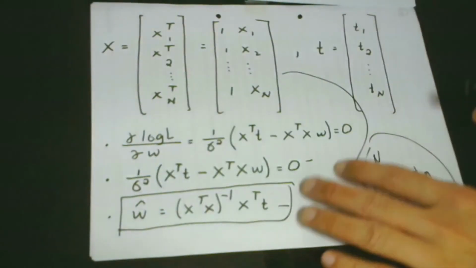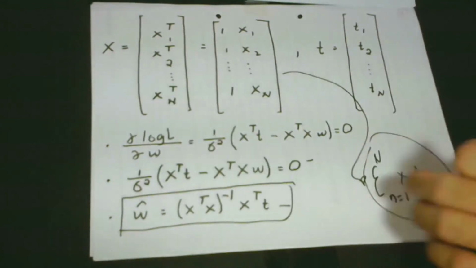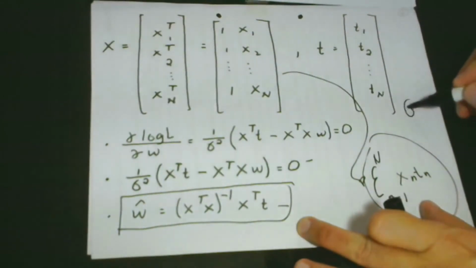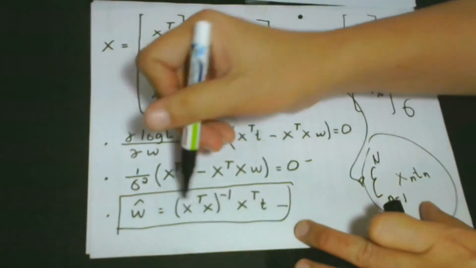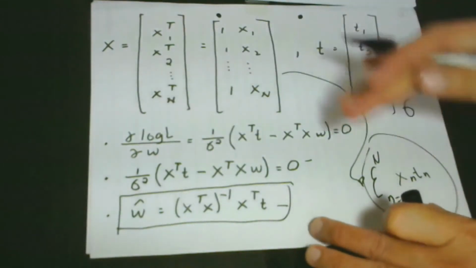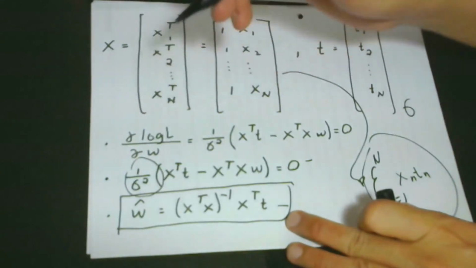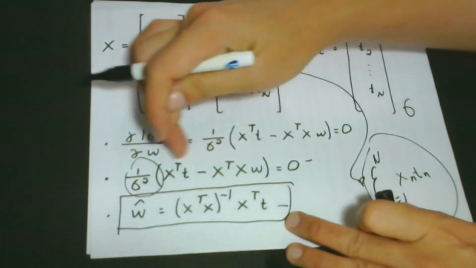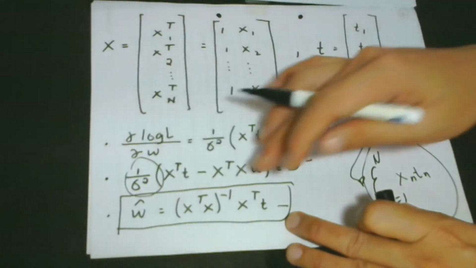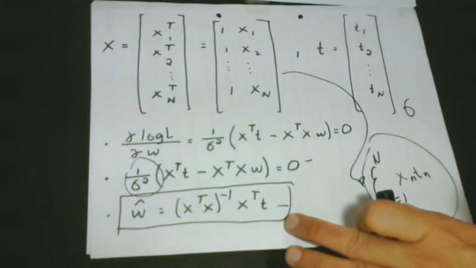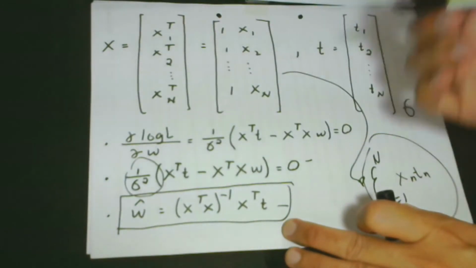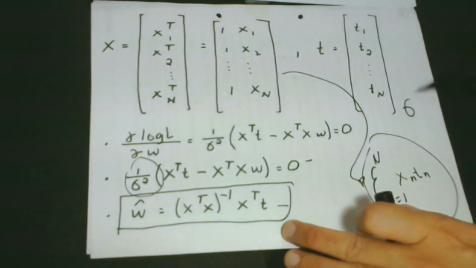And maybe you would like to ask me, where is the variance or the noise variance here? Why can we not find it in this process? What's the effect? Although you could see in this part that we divide this one by the noise variance, it actually affects the likelihood only by scaling it, but it does not affect the value of w.